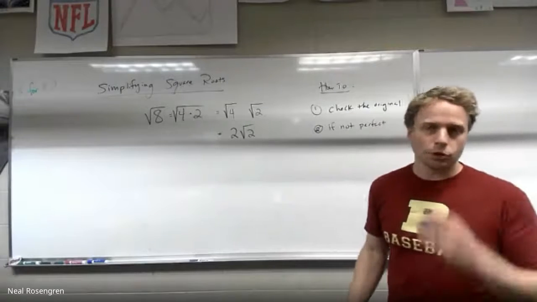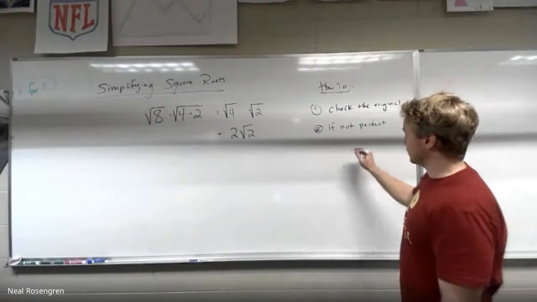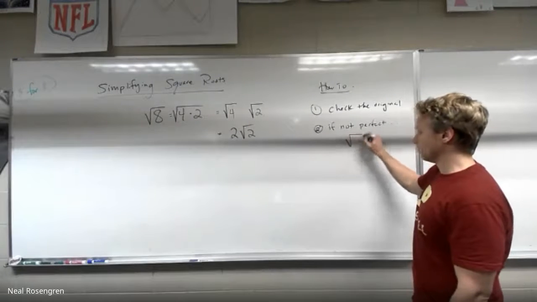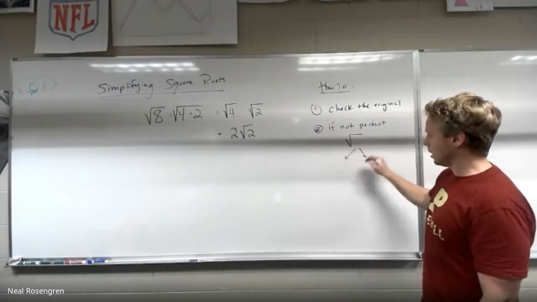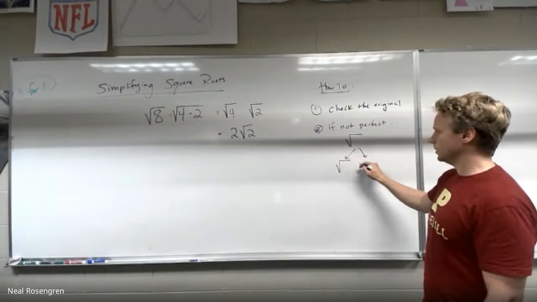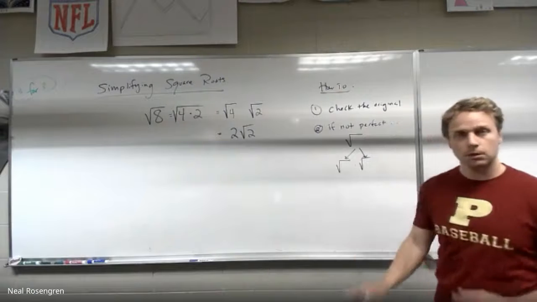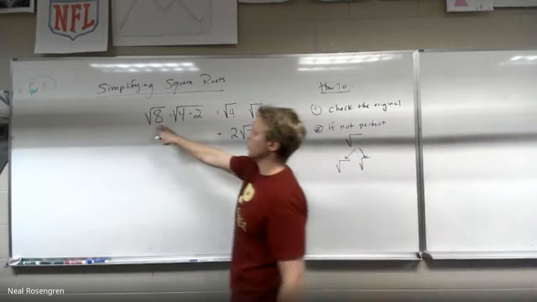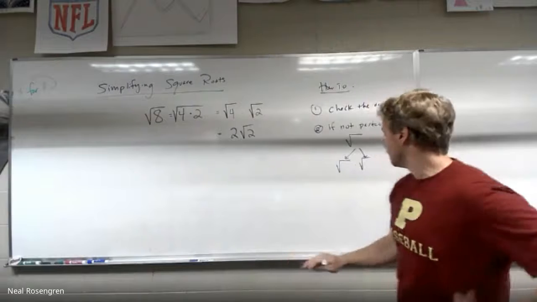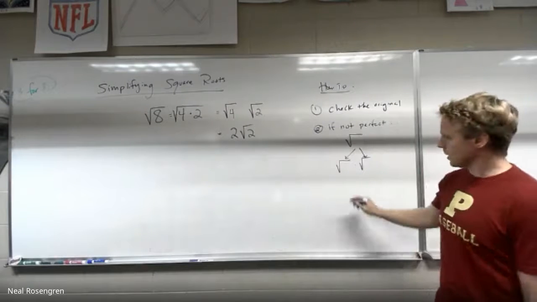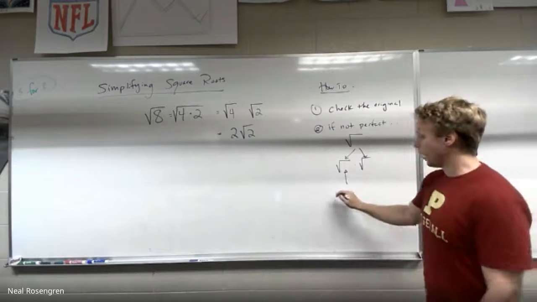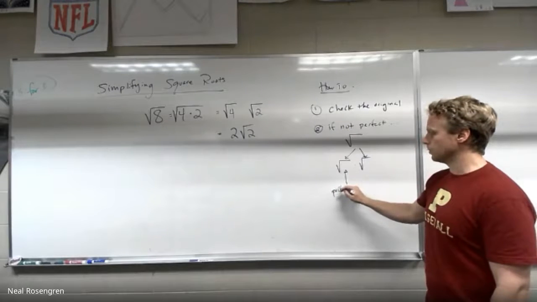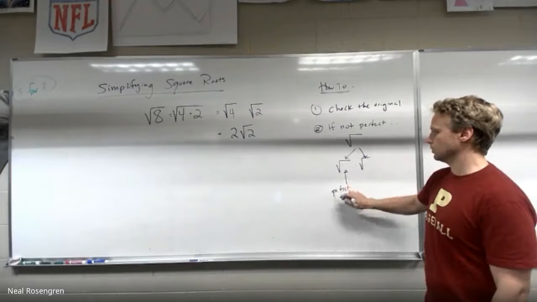And what I want to try to do is take my square root, whatever is under here, and I kind of want to break it up into 2 separate square roots, like we did here, right? Square root of 8 became the square root of 4 times the square root of 2. And what I would love for this first one to be is what's called a perfect square.